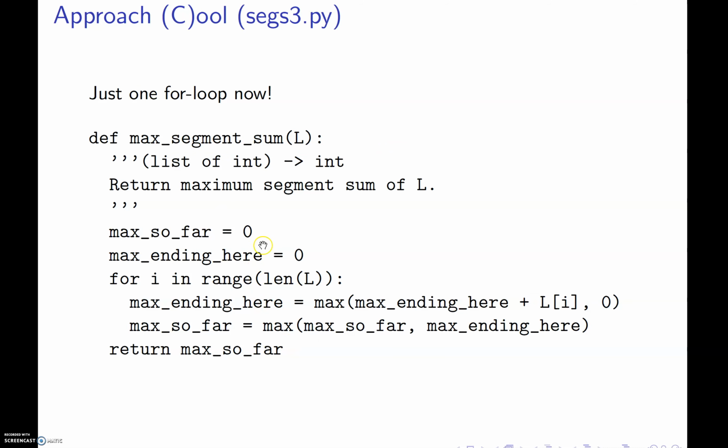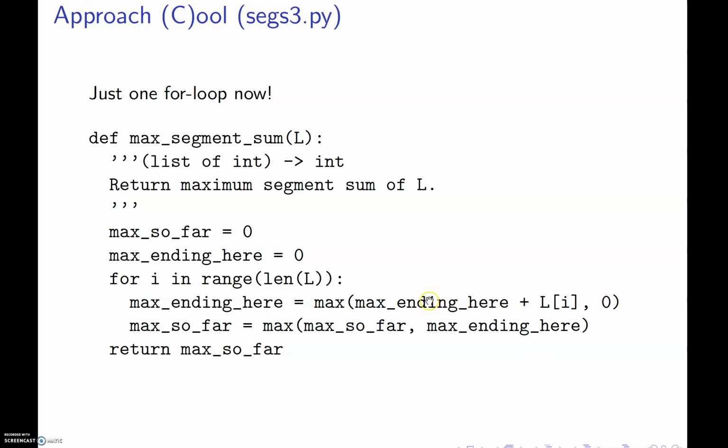So here we're going to again retain our max so far, but we're also going to have a max ending here. So we can retain that previous value, max ending here, and then add on the next. i is going to range across the length of the list. So max ending here is going to be the max, well, initialized as 0, of the previous value of max ending here plus the current location in the list, or 0.